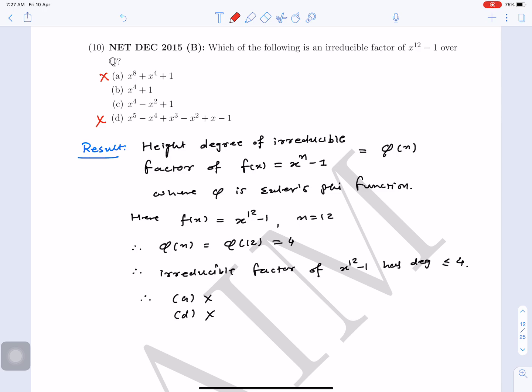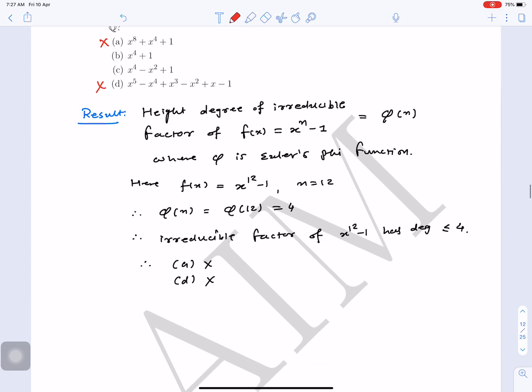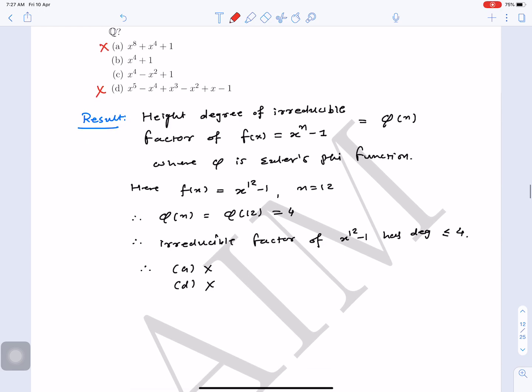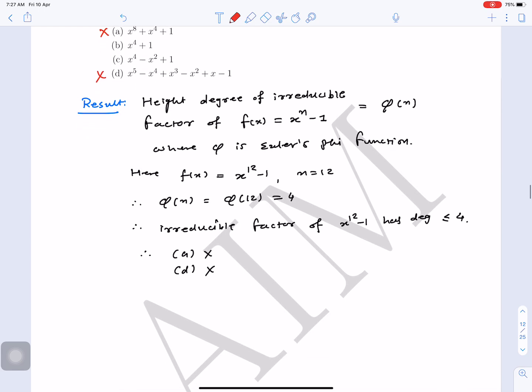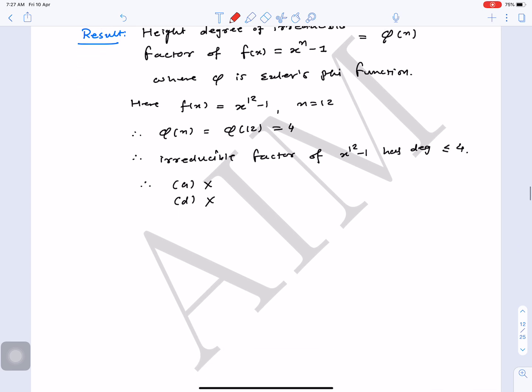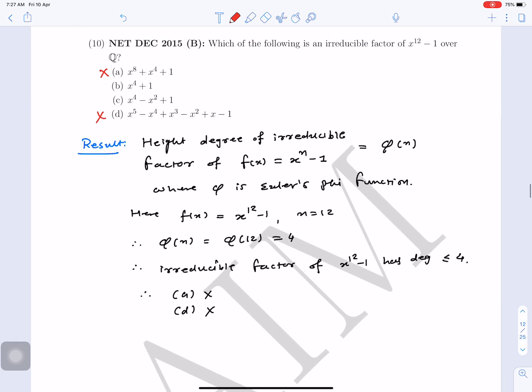Now option B, x^4 + 1. Let me check whether x^4 + 1 is a factor by manual calculation.